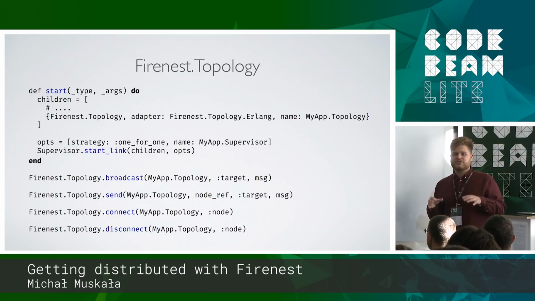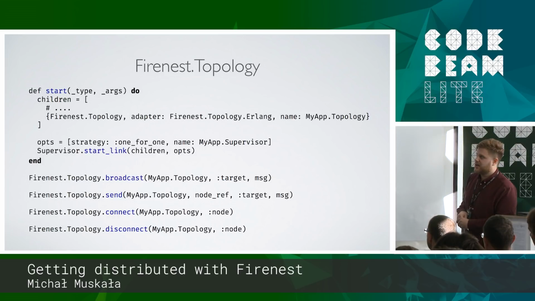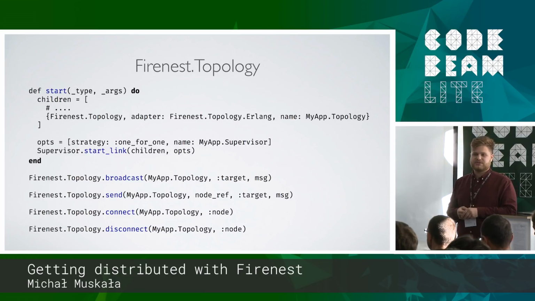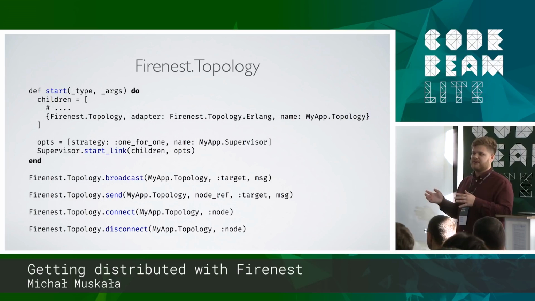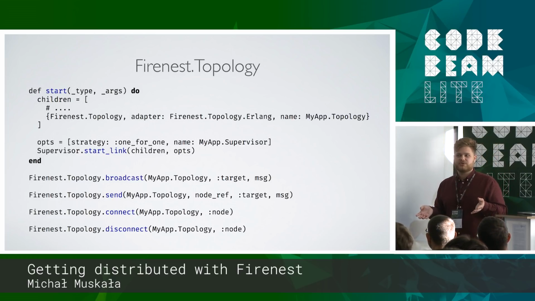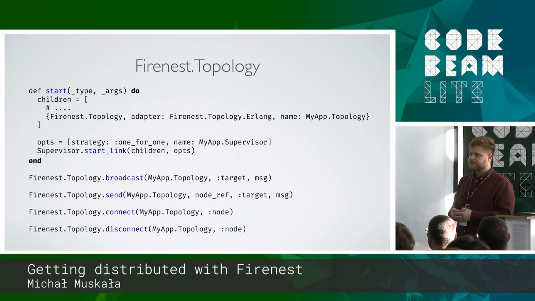So this is the general API. It deals with named processes, so the topology itself erases this idea of PIDs from the distribution. So we only have names.